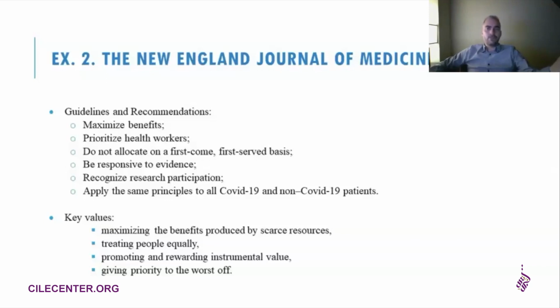Those people who are sick but could recover, it's considered as one of the criteria. But maximizing life also means giving the priority to those who are worst off in the sense of being at risk of dying young and not having a full life.